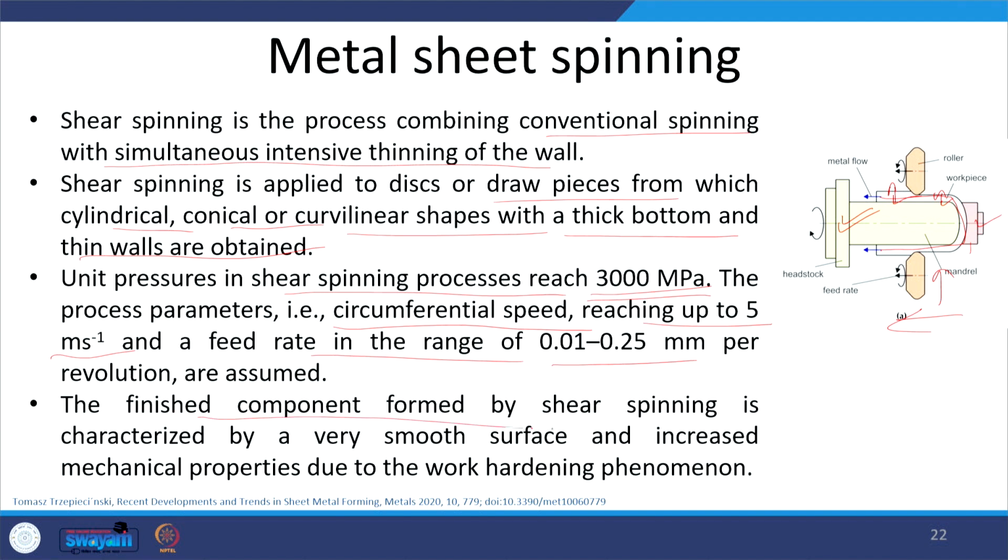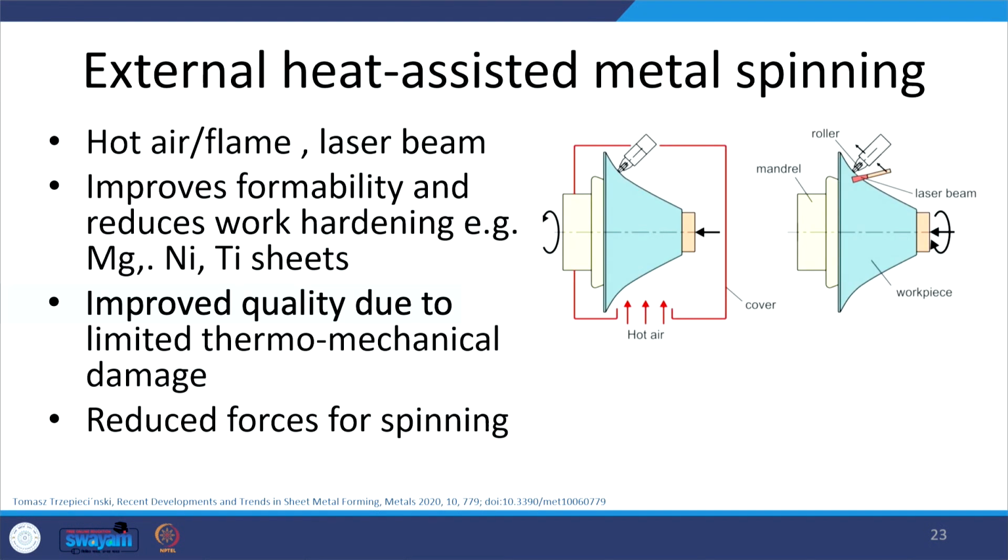Okay, finished components formed by shear spinning are characterized by a smooth surface and increased mechanical properties due to work hardening. So when the metal is subjected to plastic deformation, it experiences work hardening, and that in turn helps to enhance the strength of the metal.